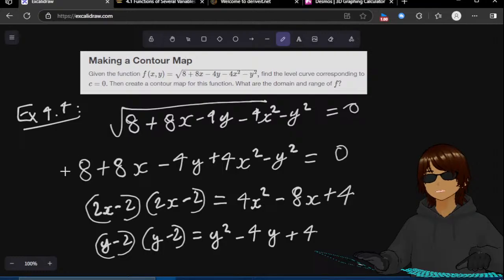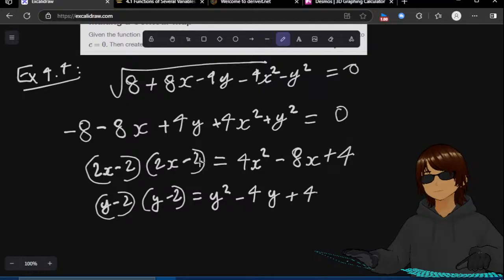If we multiply both sides of the equation by minus 1, we are left with minus plus 4y plus 4x plus y squared. Then if this is minus, this is plus.